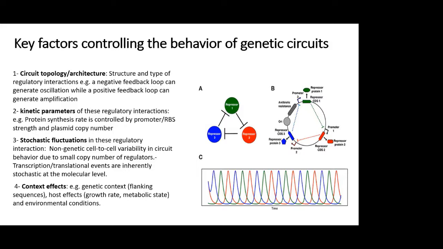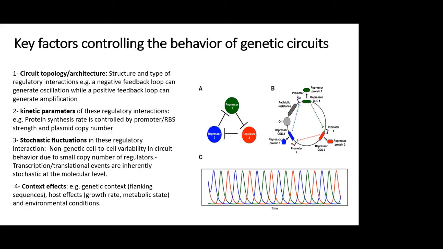Each one could be different, for example, in robustness, in the dynamic behavior of the oscillator itself, and how tunable the oscillator is. So you could have different behavior of genetic circuits based on the topology, which is basically the molecular mechanism implemented in the cell in order to create the type of function that you're looking for.